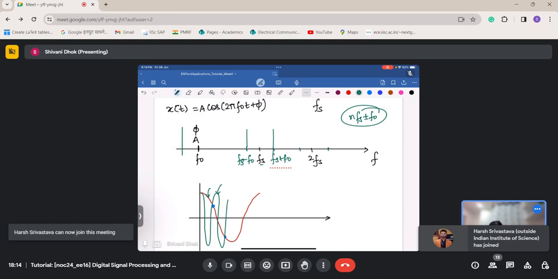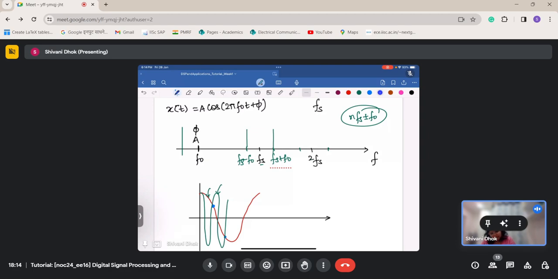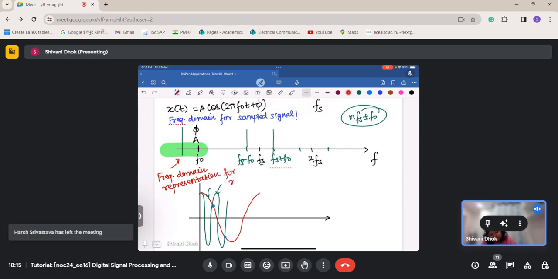Yeah, so now if I look at the original signal x(t), what I have drawn is basically the frequency domain representation for the sampled signal. If you look at this, only this shaded part is the frequency domain representation for x(t), that is, the original signal.